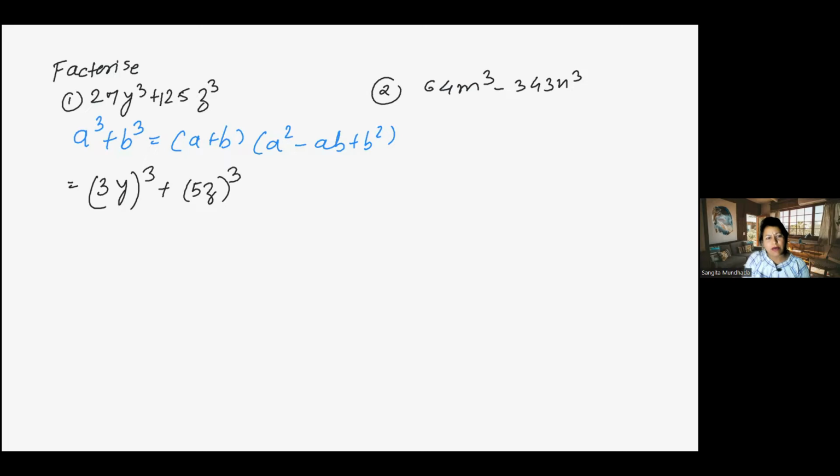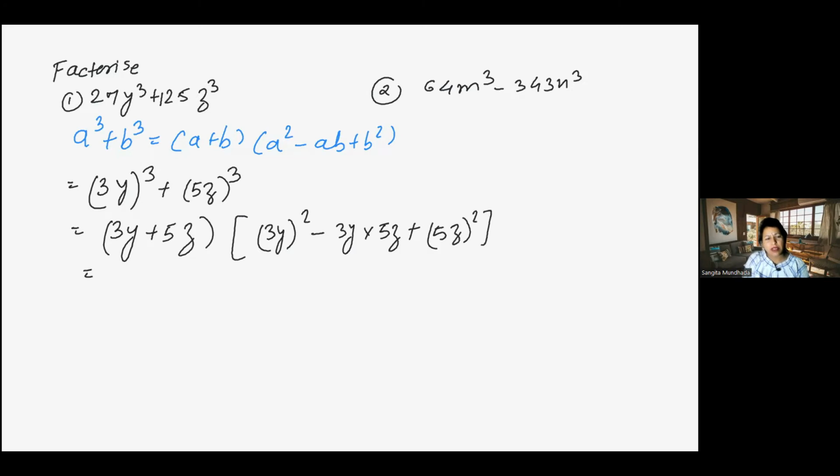Now a is equal to 3y, b is equal to 5z, so first bracket 3y plus 5z, in second bracket 3y square minus 3y into 5z plus 5z square.